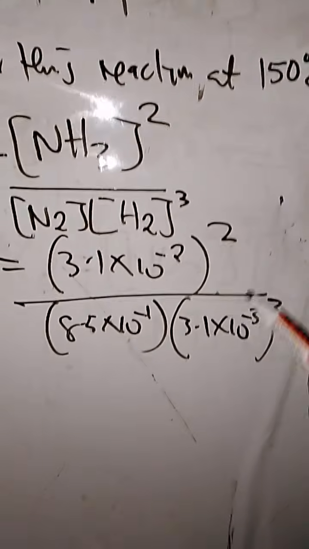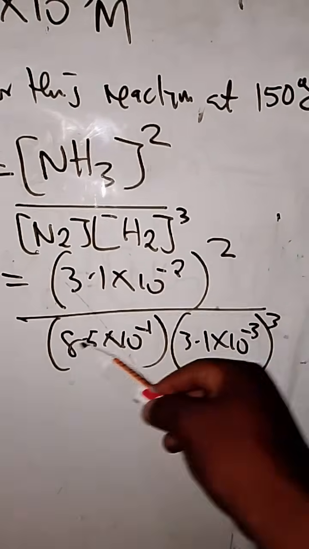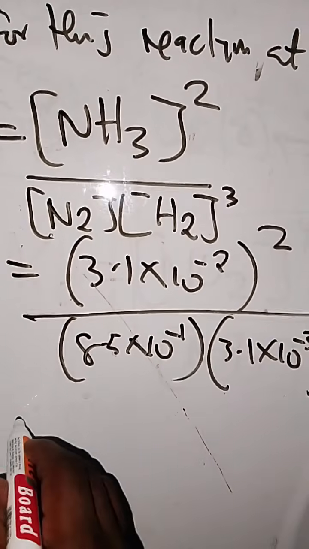So you square the number on top, cube this one, multiply, then divide.